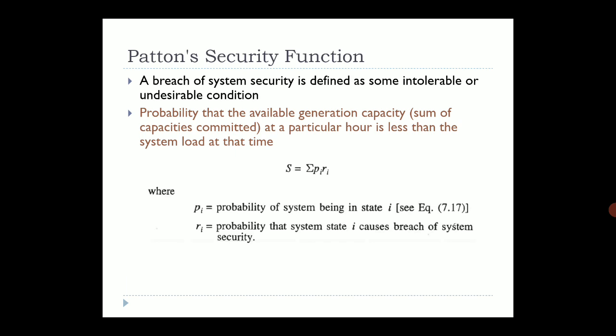That probability is called the pattern security function given by S. It is sigma of P and R of I. P is the probability of the system being in the state I, and R is the probability that system state I causes a breach of the system security.